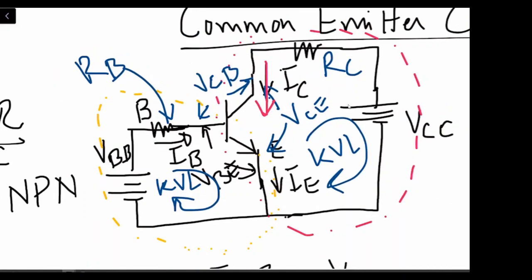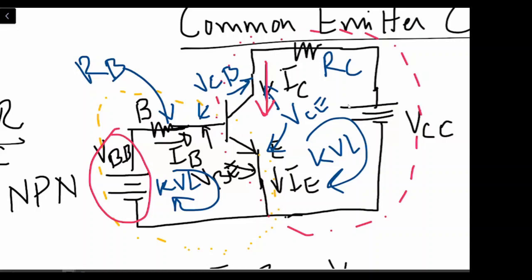This means at this point VBB is 0, right? When VBB is equal to 0, this means the current flowing in the base is 0, right?